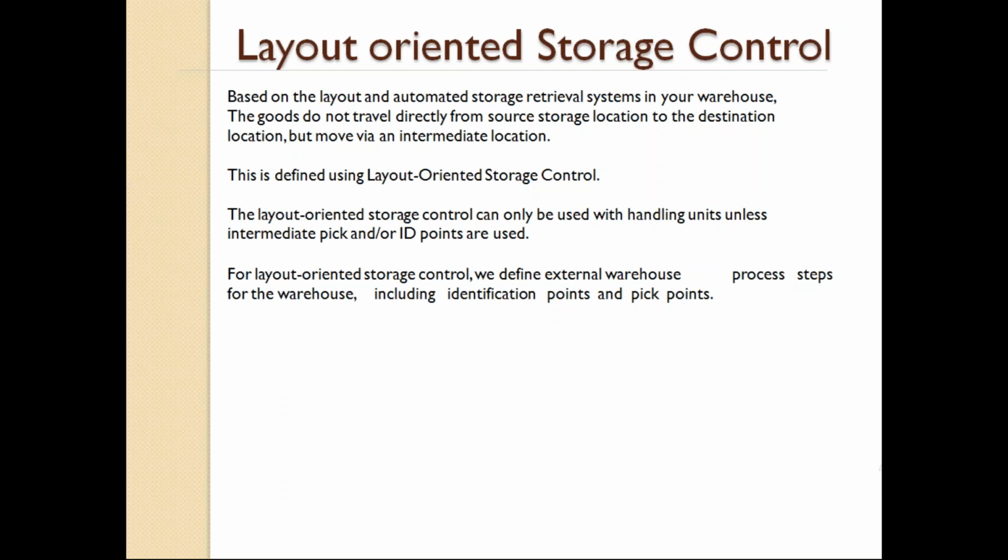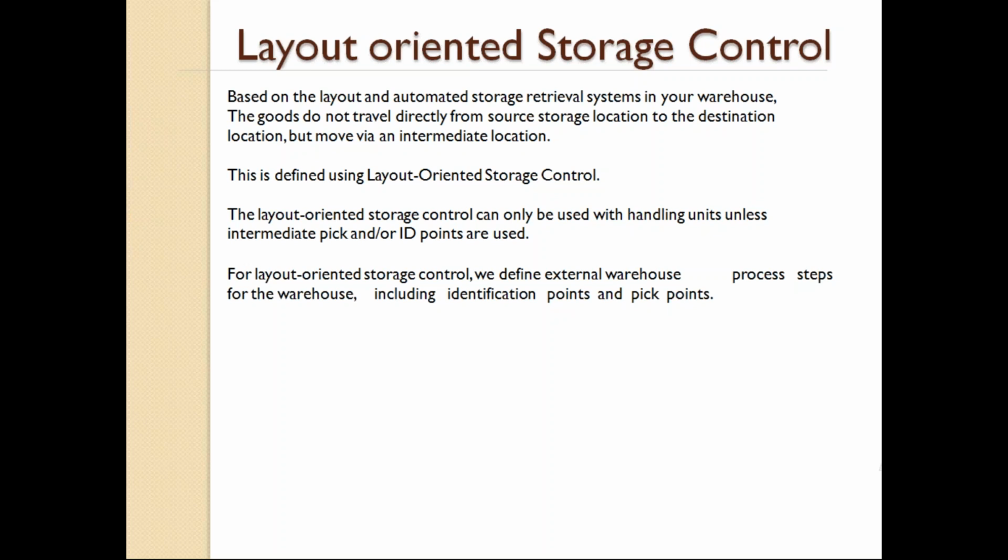Layout oriented storage control also requires handling units, but it can work for an inbound, outbound or internal process, irrespective of whether storage control is there or not. In our existing process we pick, pack, stage, and load. Now we can also include layout there, where we do pick, pack, and after packing we say it goes via X storage type.